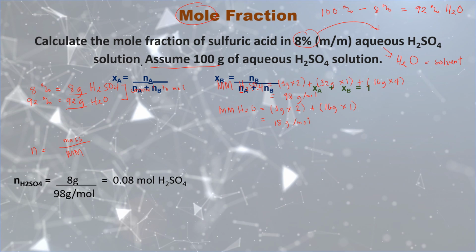For H2SO4, 8 grams is the mass given in the problem, divided by the 98 grams per mole that we just solved. The answer is 0.08 moles H2SO4, cancel grams. For water, it's the same: 92 grams from the problem and 18 grams per mole for the molecular mass, cancel grams. The answer is 5.11 moles.